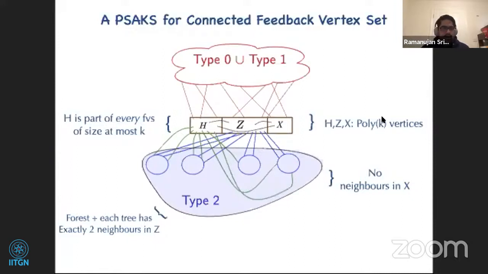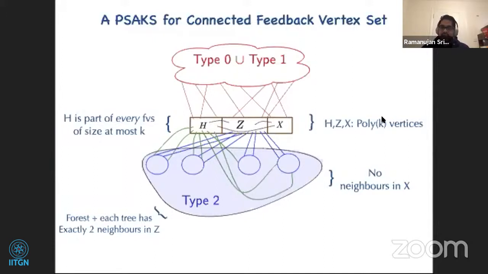At this point, I realized that I did not mention one very important thing. This set H, Z, X together, they form a feedback vertex set, which is why everything outside is something I kept referring to as trees. So that's important.